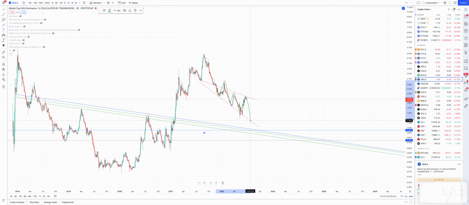After so many hits on the bottom of the trend line, we're probably going to break down below, right? Because we hit once here, once here, and once here. So the fourth or fifth hit is probably going to break that trend line.